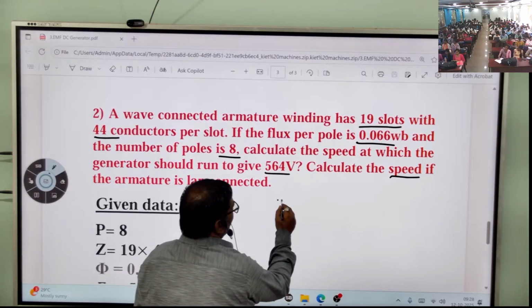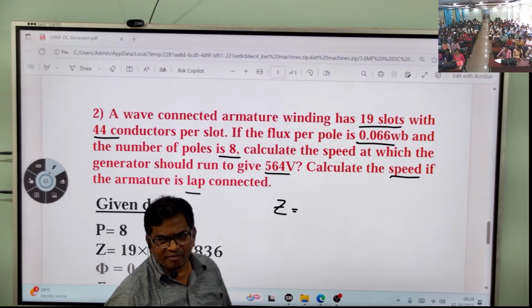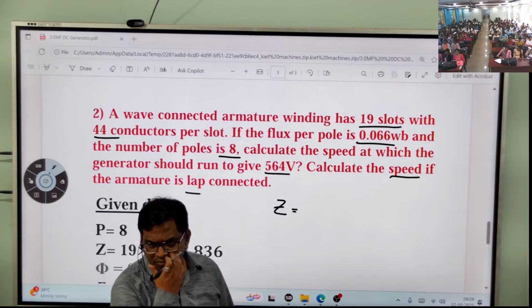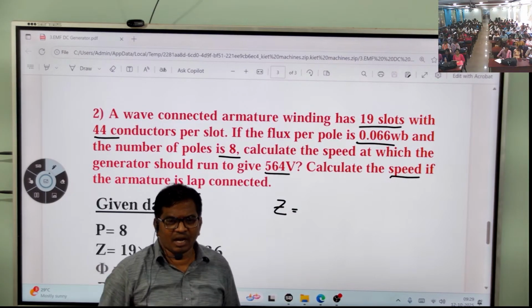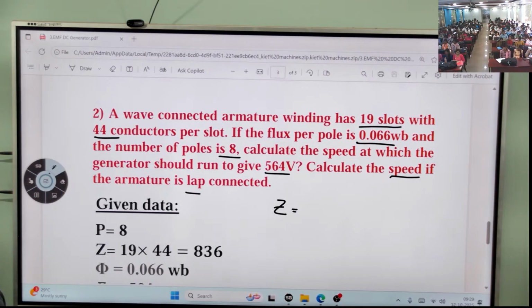Z is the total number of conductors. We have one formula: Z is equal to total number of slots into conductors per slot.